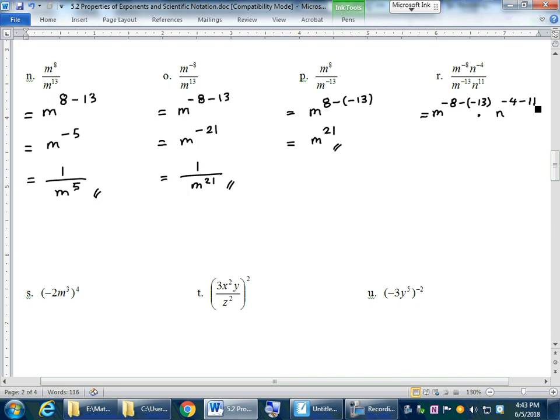Numerator exponent minus denominator exponent. So this gives us m to the 5th power times n to the negative 15. So changing this into a positive exponent, which is m to the 5th power over n to the 15th power when you use property number 7.